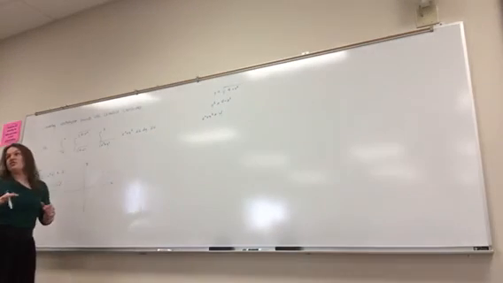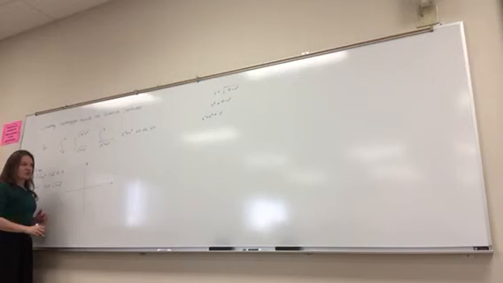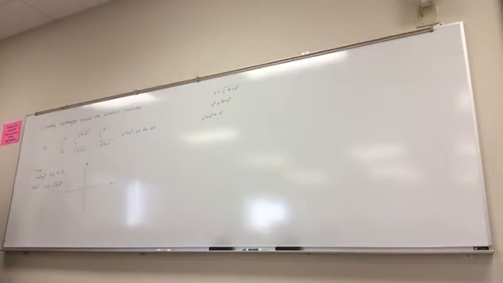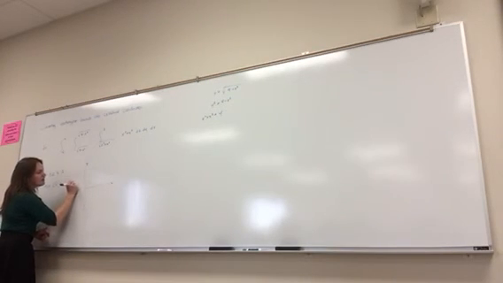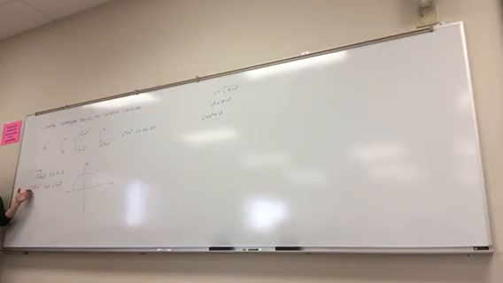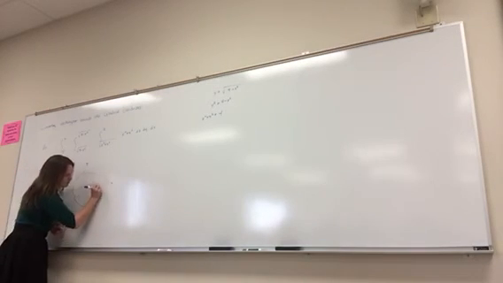What's the radius of the circle? 2. And unfortunately, y equals the square root of 4 minus x squared doesn't give me the entire circle, right? It gives me the positive y values, so the top half of the circle. What will this negative give me? Bottom half. So I'm going to sketch out the bottom half of the circle.